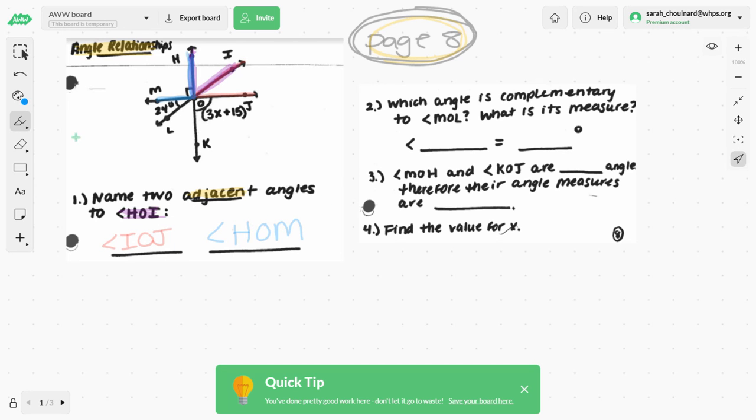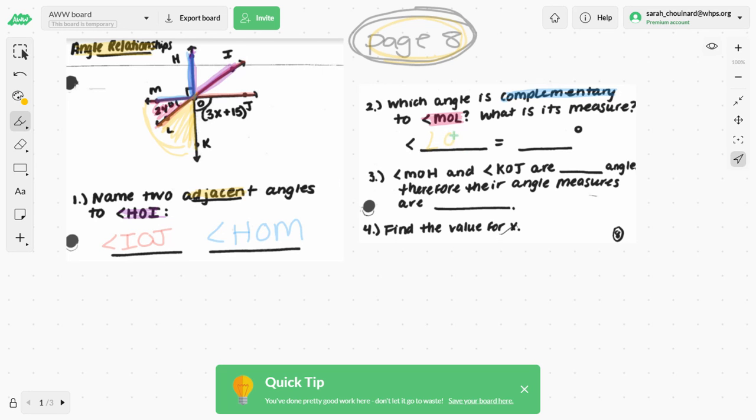Now they want to know which angle is complementary to angle MOL. So complementary, we know, means adds to 90 degrees. So MOL is right here. So we want to know which angle combines to make a right angle or 90 degrees with this angle right here. And that would be this angle, angle LOK, because these angles together make a full 90-degree angle.